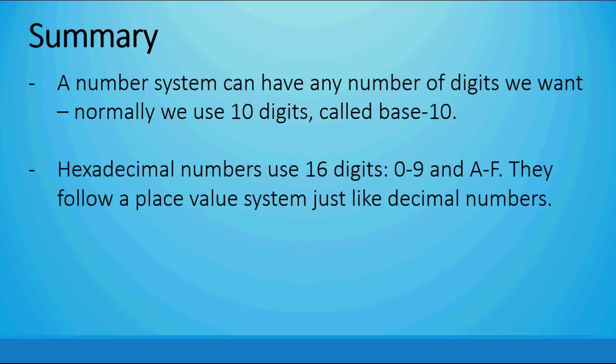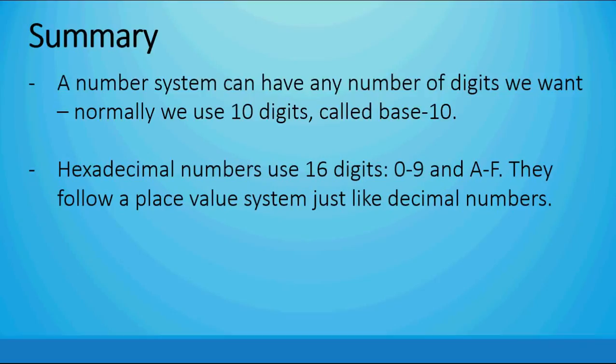Hexadecimal numbers are base 16. It's 16 digits, 0 to 9, and A to F. Remember, A to F are just symbols that represent the values 10, 11, 12, 13, 14, and 15. Don't think of them as letters in this case.